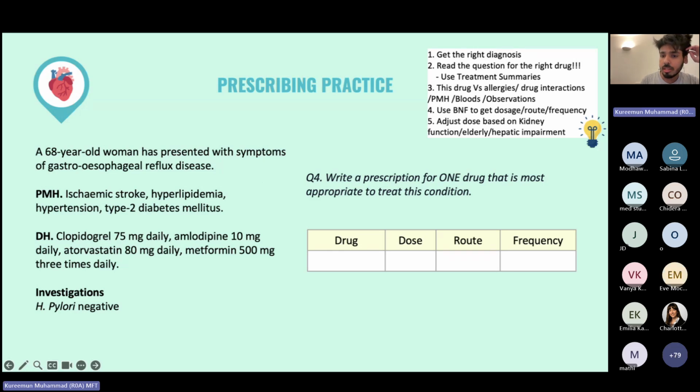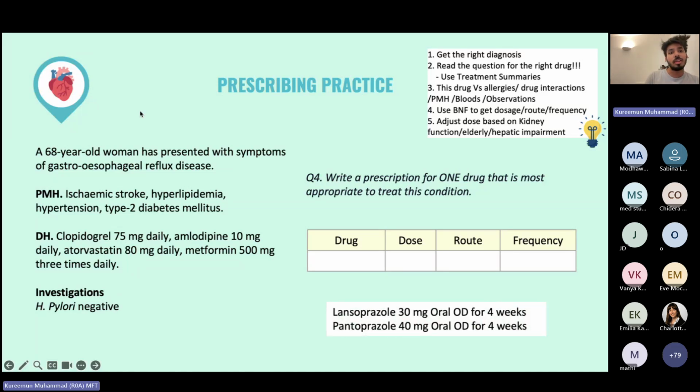I can see a lot of omeprazole there, but the actual answer is lansoprazole or pantoprazole. You got the right diagnosis, which is good, and the right drug; I would have gone for omeprazole as well. Then you have to look at the past medical history or drug history. This patient is on clopidogrel.